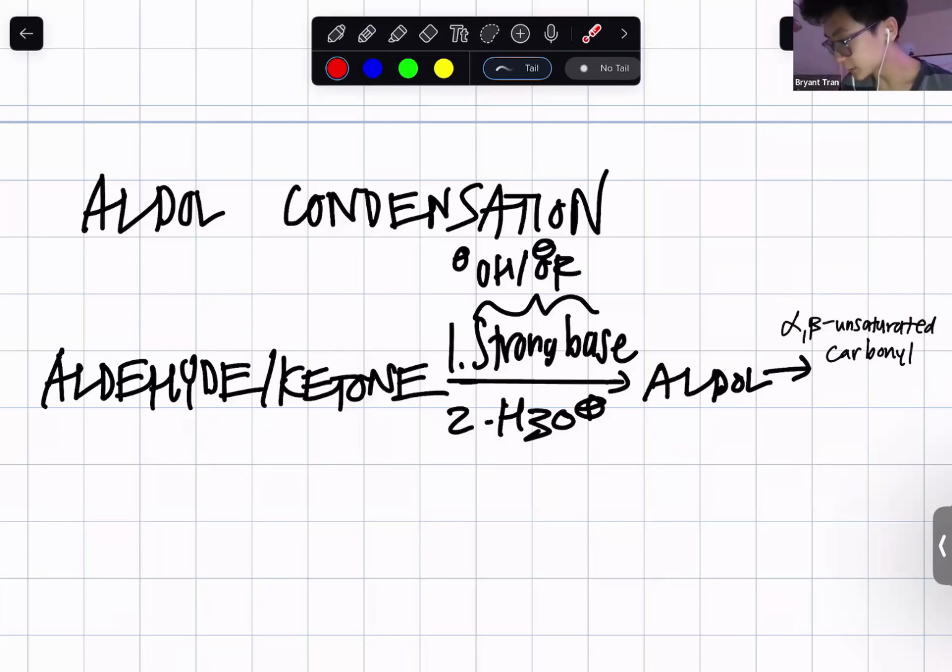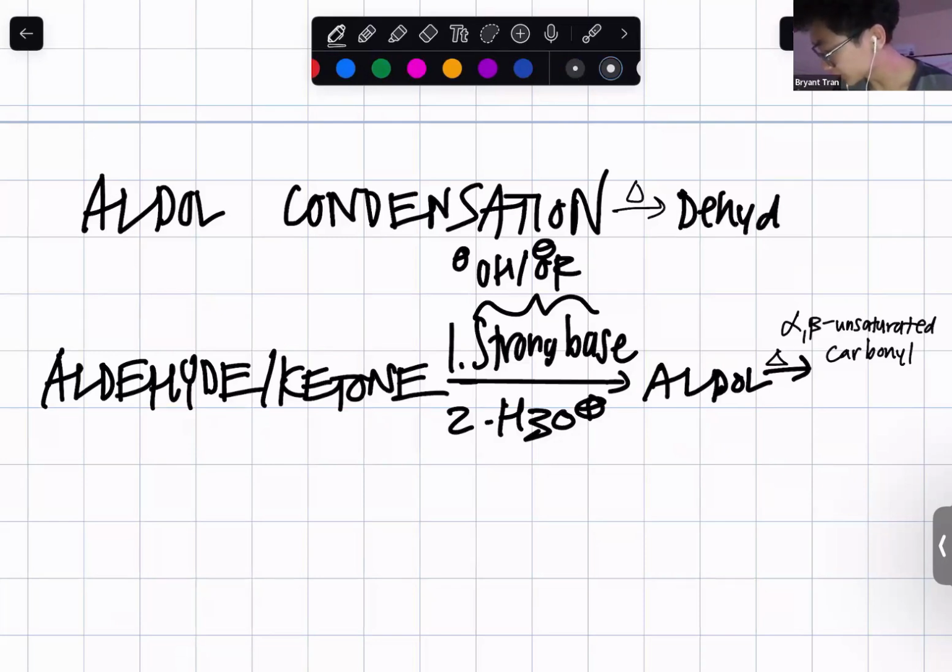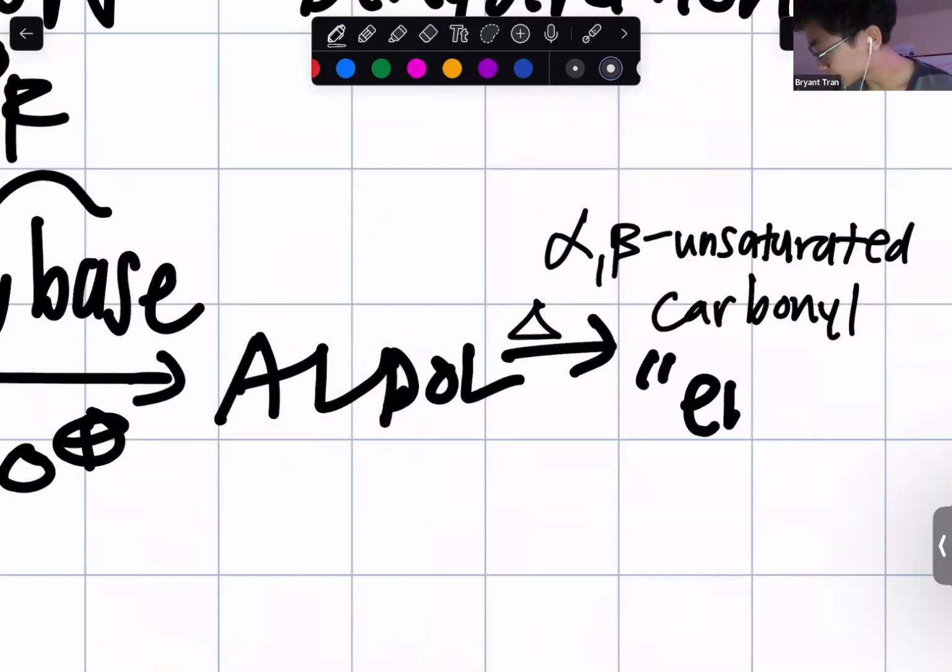Right? And this is gonna be with heat. But if you have heat, then that's gonna go to aldol dehydration, which would create the alpha beta unsaturated carbonyl. The short name of that is an enone.